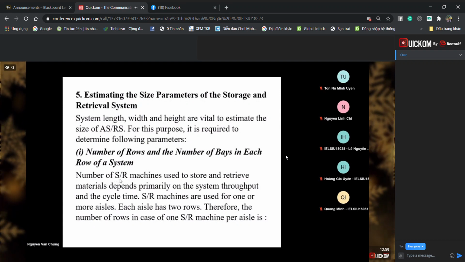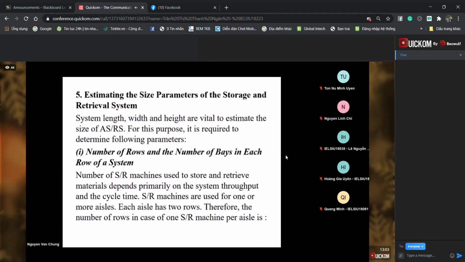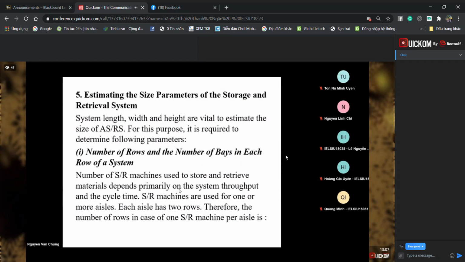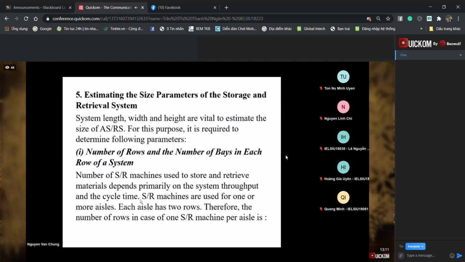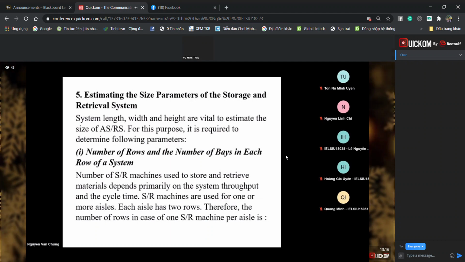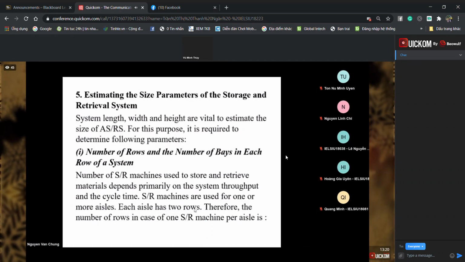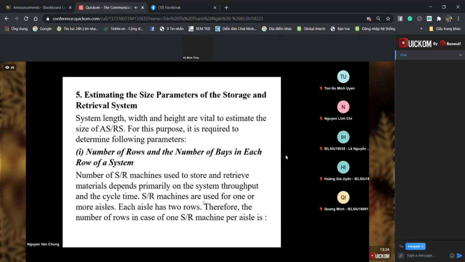The number of SR machines used to store and retrieve materials depends primarily on the system's throughput and the cycle time. These are used for one aisle mode. Each aisle has two rows, you know. Each aisle has two rows.